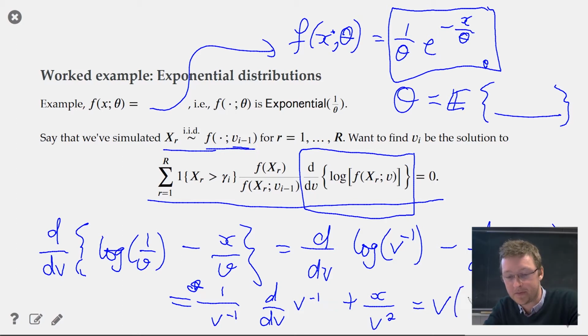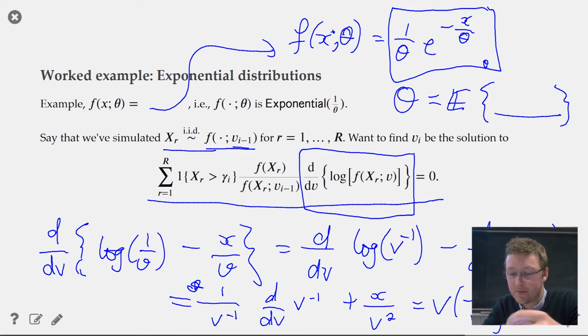So minus 1 on v squared minus, where am I? x on v? No. Oh yeah, x on v squared.